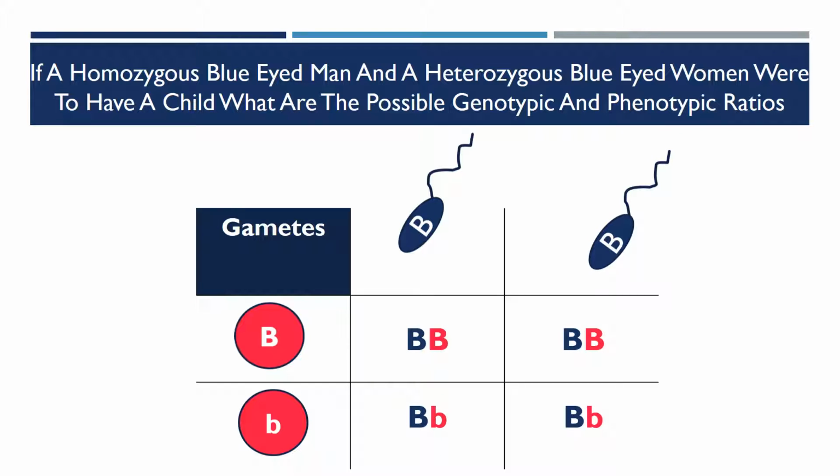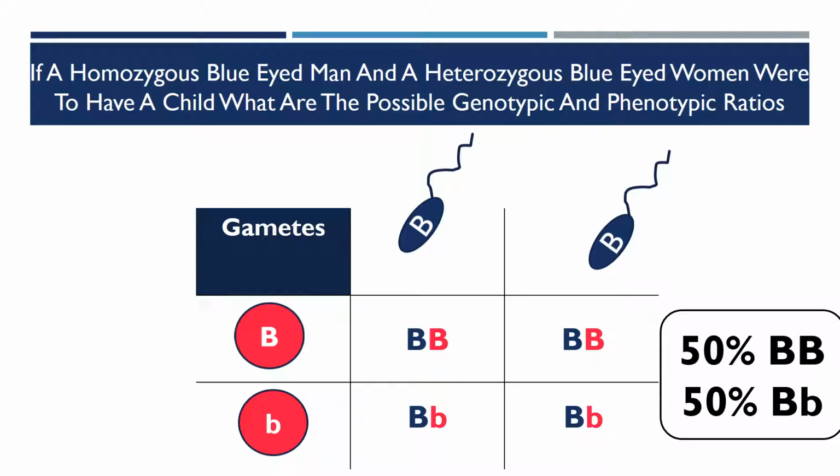So as you can see, we've got 50% as homozygote and 50% heterozygote, but they're all going to have blue eyes because this big B is dominant over this little b. So the phenotypic ratio is 4:0 and the genotypic ratio is 1:1.